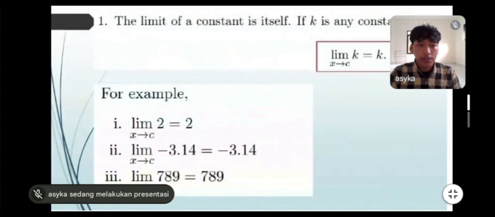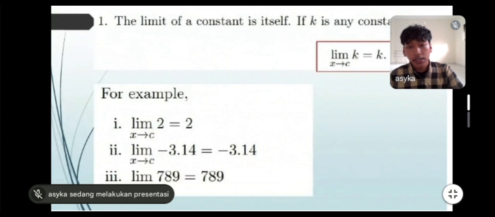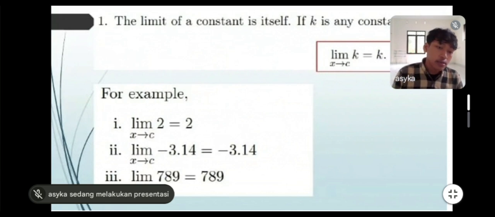Limit theorems. One: the limit of a constant is itself. If k is any constant, then the limit as x approaches c of k equals k. For example, the limit as x approaches c of 2 equals 2.